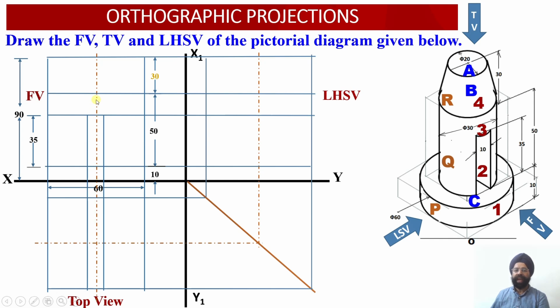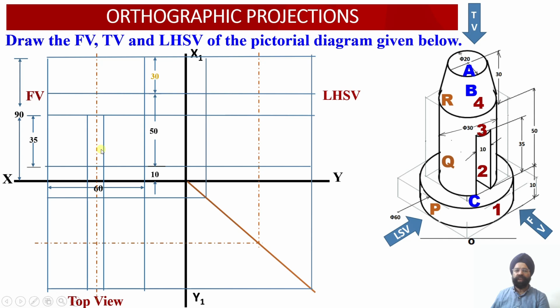Having obtained the center point, I'll take an offset of 5 millimeter towards the left side and 5 millimeter towards the right hand side, so that I get the width of this rectangular block equal to 10 millimeter. So this is my surface 2, which I have obtained over here. Later on I will be darkening this portion of surface number 2.